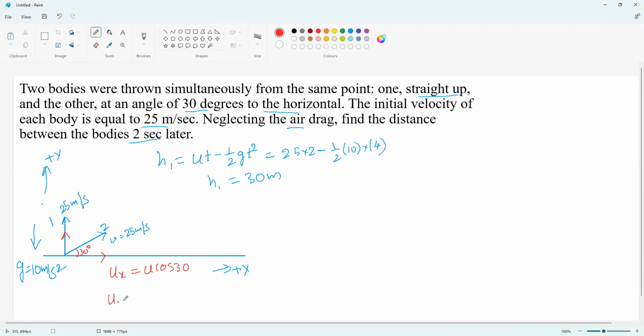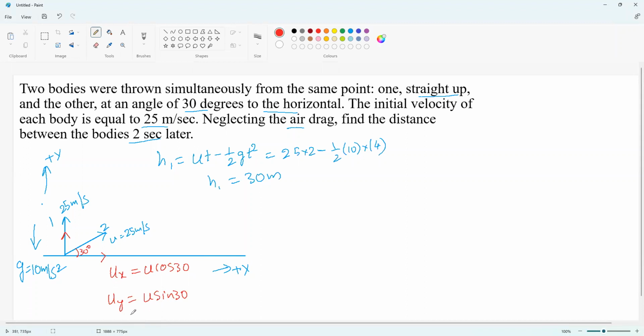And uy will be u sin 30. Now we calculate the distance traveled in y direction and in x direction independently.